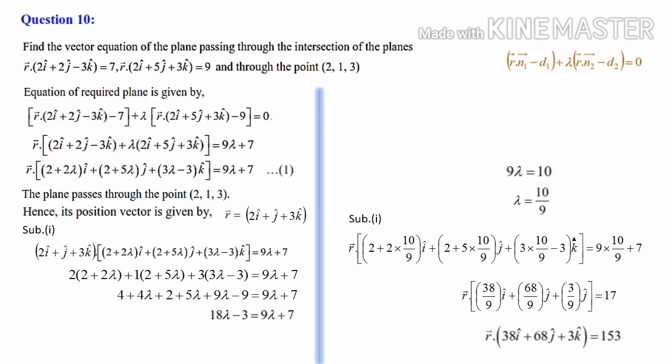After the calculation, we take the 9 as common LCM and multiply it with 17. So we get the answer as r dot (38 i cap + 68 j cap + 3 k cap) equal to 17 into 9, that is 153. So this is the required equation of the plane.